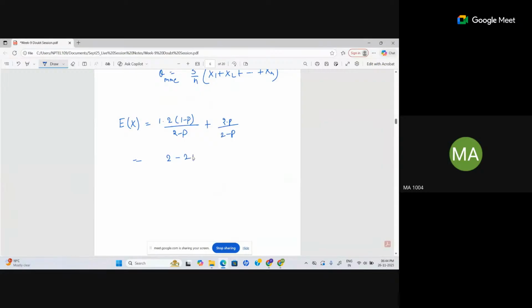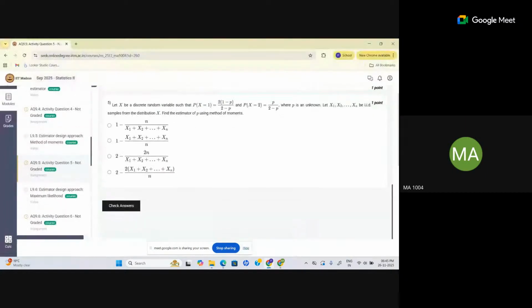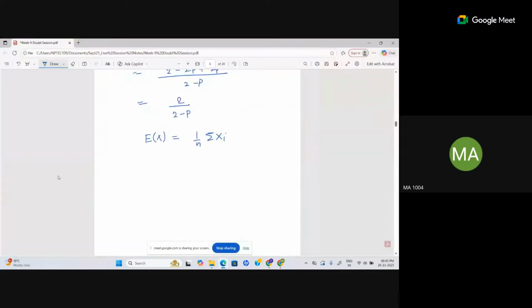So this will be (2 minus 2p plus 2p) divided by 2 minus p. The minus 2p and plus 2p cancel out, so ultimately it will be 2 upon 2 minus p. This should be equal to expectation of x, which should be equal to 1 upon n summation of xi. So now this is 2 divided by 2 minus p.